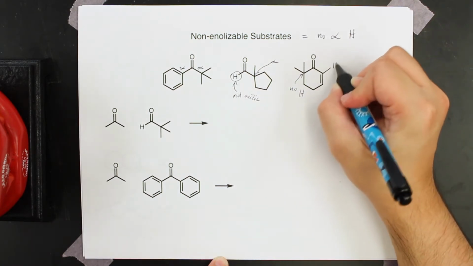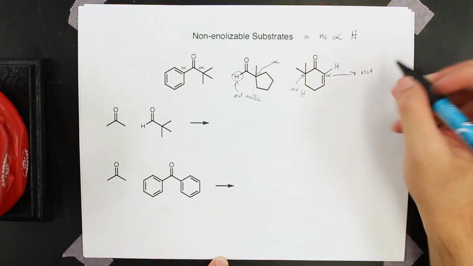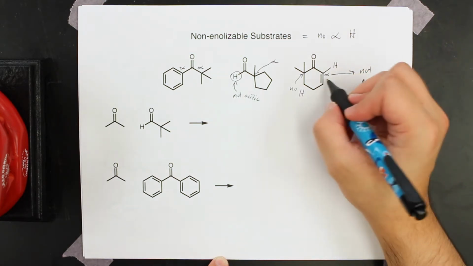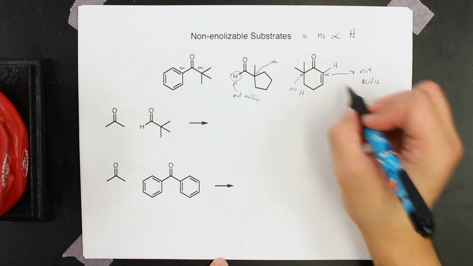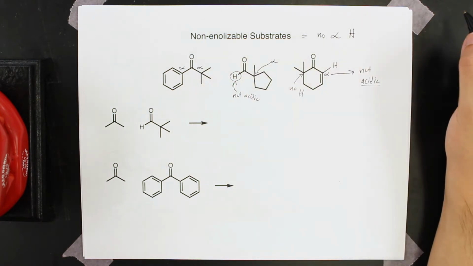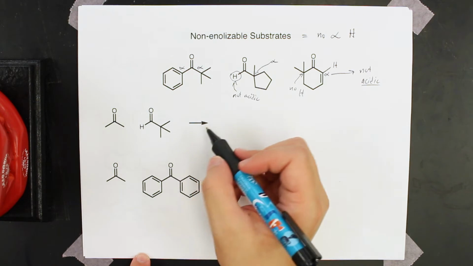Here there is in fact an alpha hydrogen, but it's not very acidic because it's an alpha beta unsaturated ketone. So these hydrogens have very low acidity compared to the saturated form if it was not a double bond. So, if it is a double bond, it's not very acidic, so therefore it is non-enolizable. So here's two examples of non-enolizable reactions.